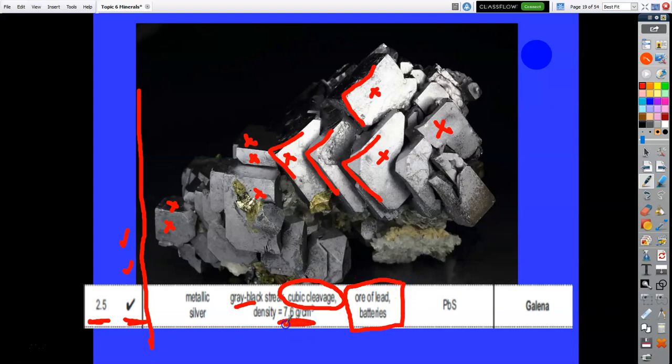The density, it says 7.6. That's really heavy. It's used for batteries, and it's an ore. An ore is something that they mine out of the earth and then manufacture into other products. So galena is used for lead products, and it's used in your batteries. And then they give you the composition PbS, which means lead sulfide. And then you've got the name of the mineral. And so that's a good example of cleavage.